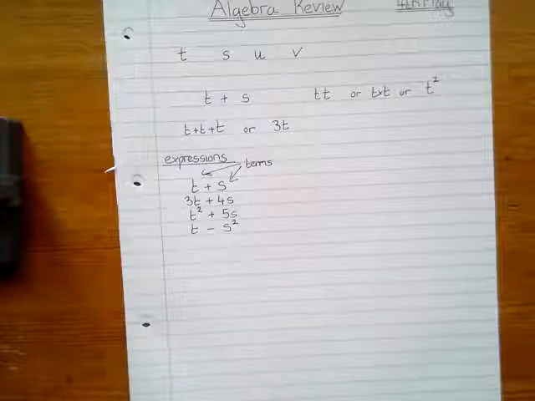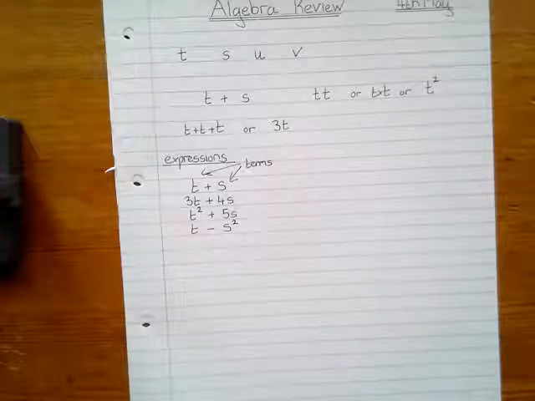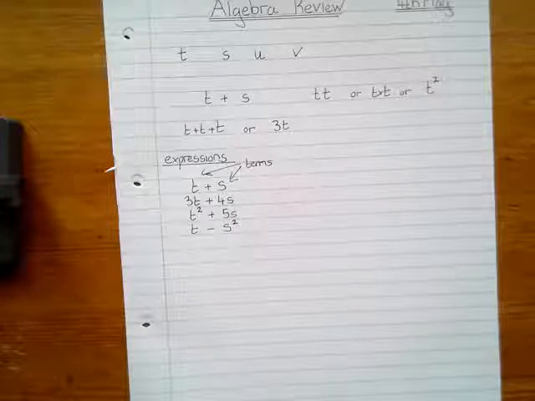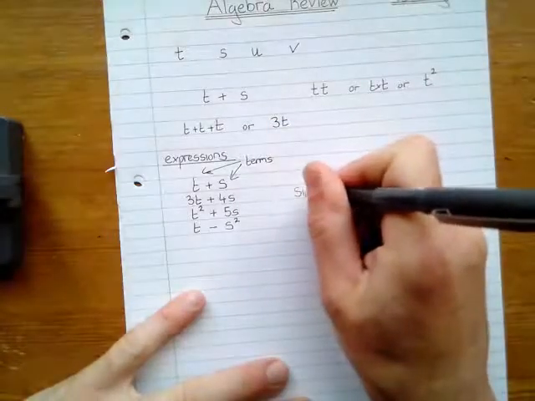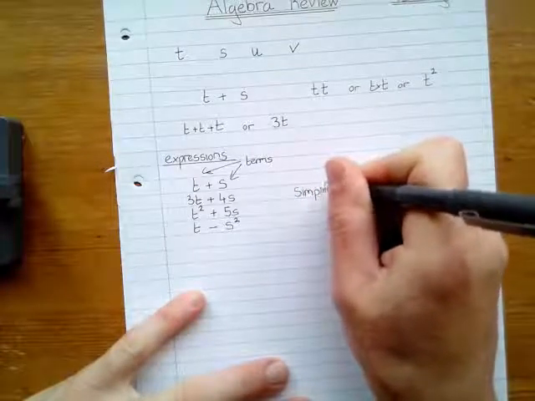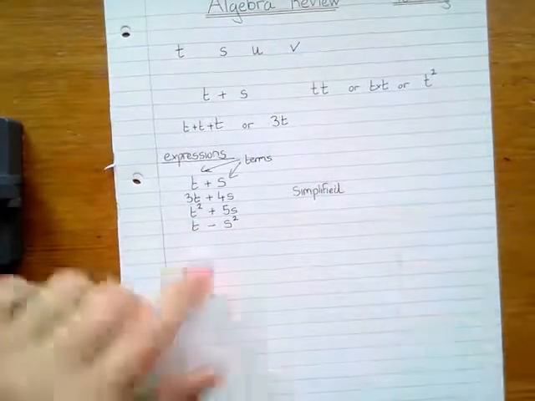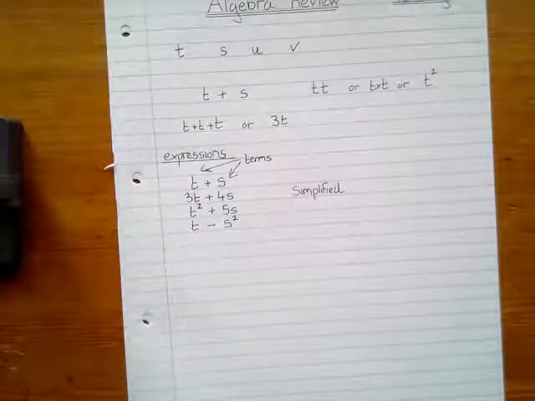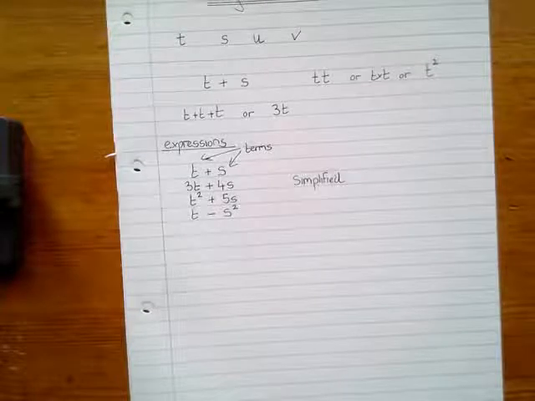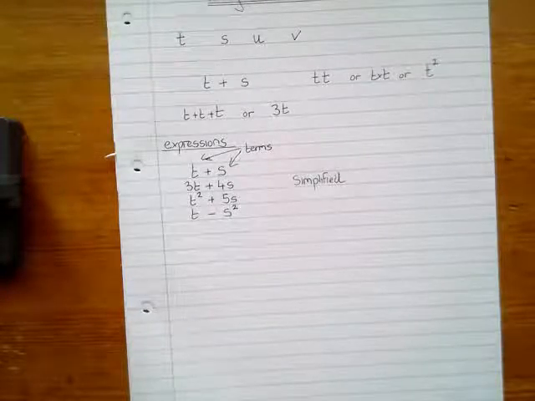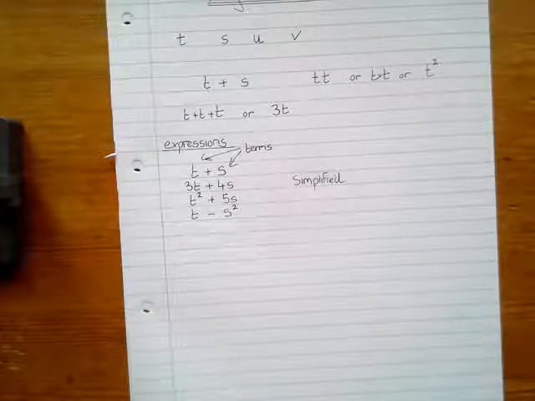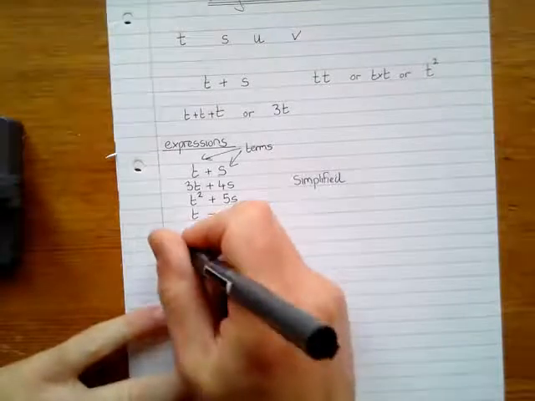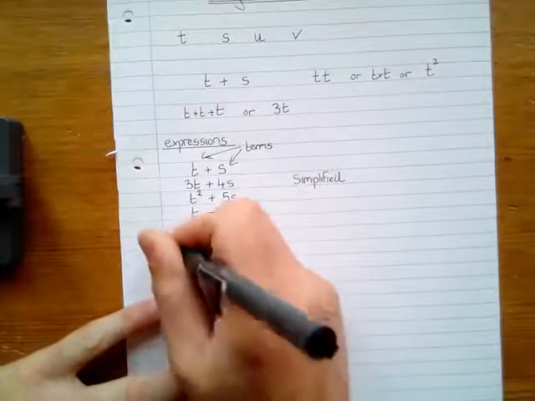And once you've got it so that you can't do anything else with the algebra, we say that it has been simplified. So all of these are as simple as you can get them to be. Now, if you start with something where you can actually make it simpler, then you've got the basis of a maths question. And that's what today's topic is about.